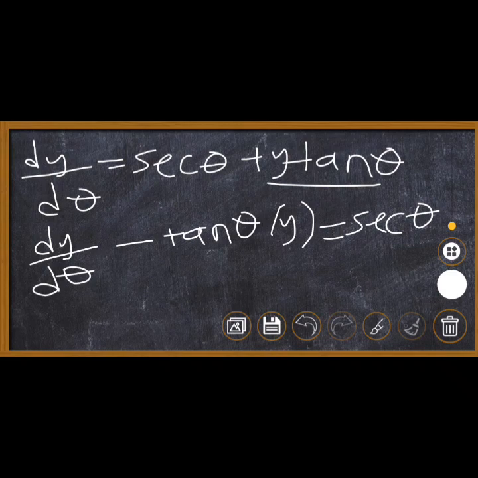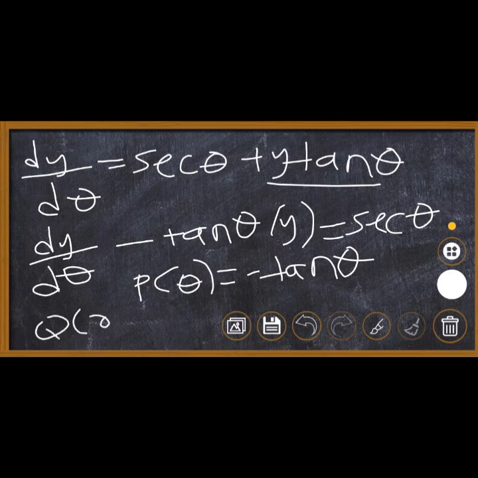So what is our p of x? Rather, we are not using x in this case; we are using theta instead of x. So our p of theta is going to be negative tan theta, and our q of theta is sec theta. So we may go ahead and find the integrating factor.